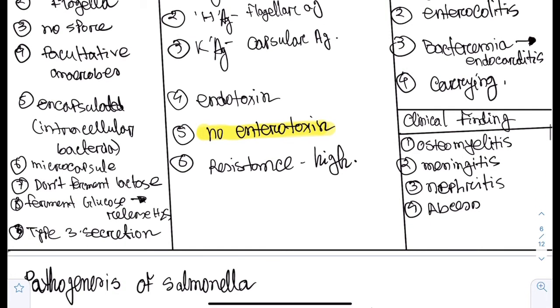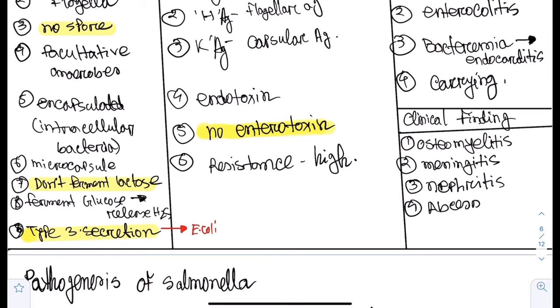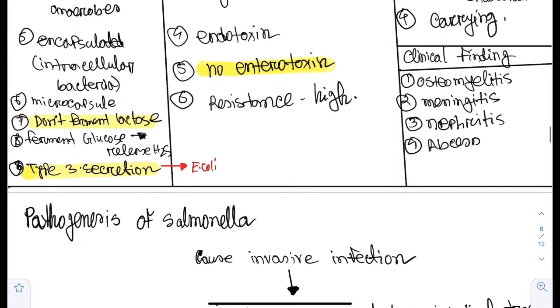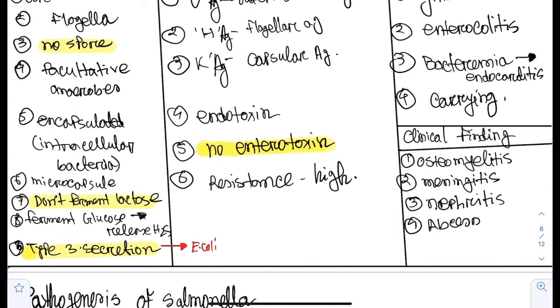Also, salmonella doesn't ferment lactose as E. coli does, and it has type 3 secretion, which is pretty similar to E. coli. Here I wrote it, make sure you write it as well. There is another difference: salmonella doesn't have any spore, and on the other hand we have seen that E. coli has spore. And these are the main differences.